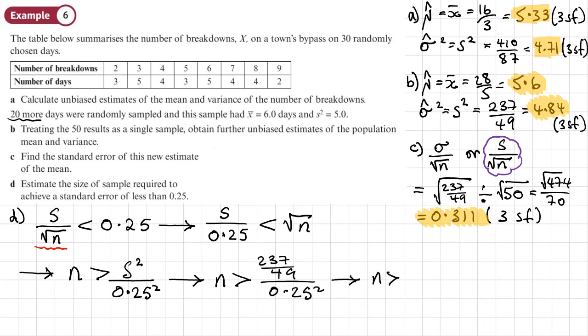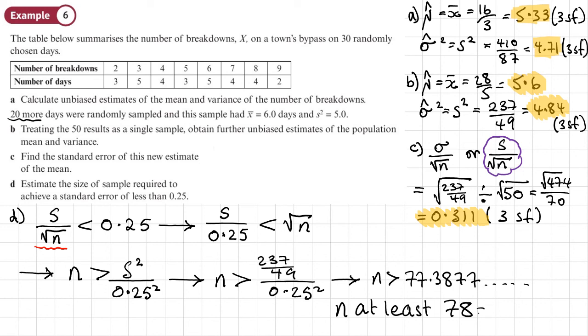And that gives us 77.3877, and so on. Now, n needs to be greater than that. It's a sample size, so n needs to be a whole number. So n needs to be at least 78.